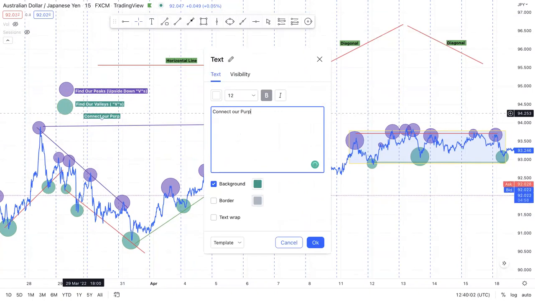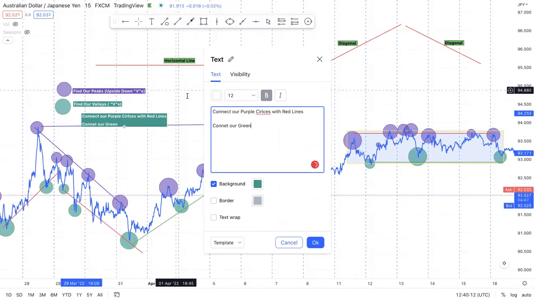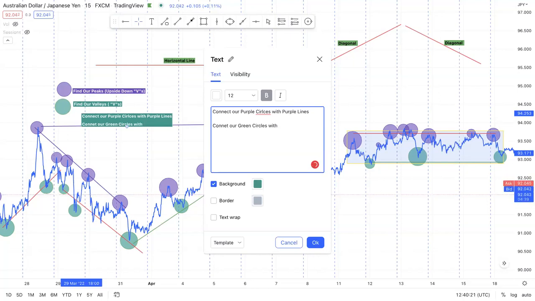Connect our purple circles with the red lines, or purple lines. I'm going to just put purple lines for now. Any colors you want, but you can stick with these for now until you get used to it and pick your own.